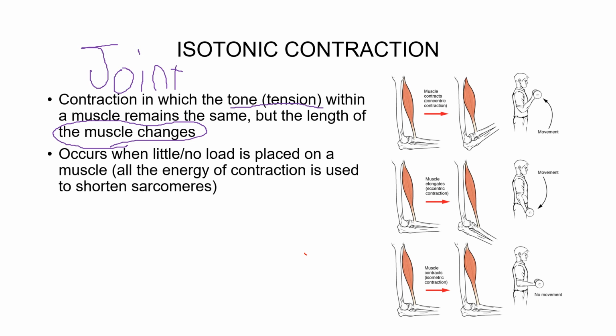Take a tape measure and measure your biceps from where your scapula and your humerus meet, all the way down to the radius area, and then flex your elbow, make a biceps, flex your guns. And you'll see that that muscle actually gets shorter. It crunches up, it bunches up. And whenever you see that bunching up action, you're moving the joint, and therefore that is called an isotonic contraction.